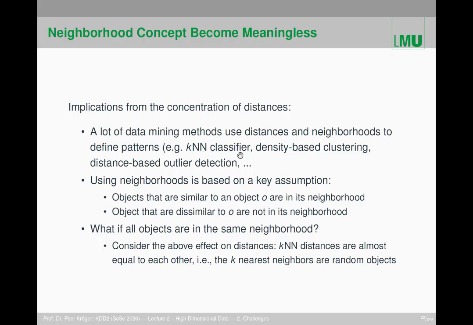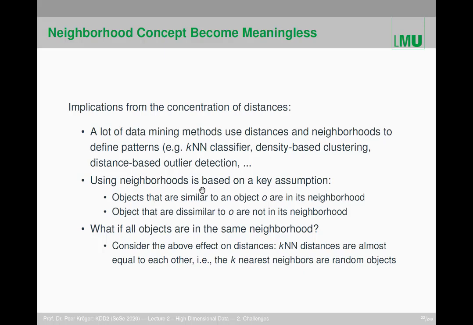So think about KNN classifiers. They use nearest neighbor distances, or density-based clustering using distances, or distance-based outlier detection. You have a lot of data mining methods that use distances and neighborhood concepts in order to define and derive patterns. And all those methods are heavily impacted by this concentration phenomenon.